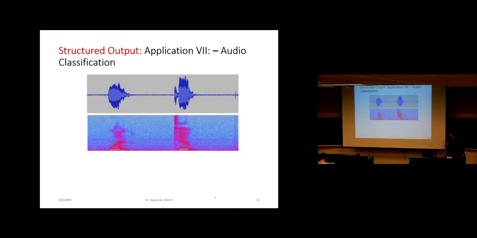All right, so now let's move on to audio classification. I think maybe you use Spotify. I think the majority of Spotify is automatically classified by genre. It's a very important application.